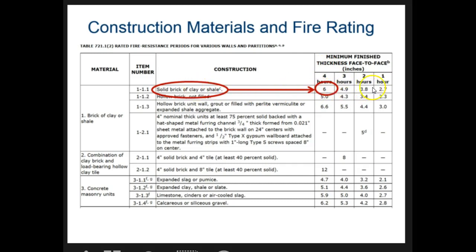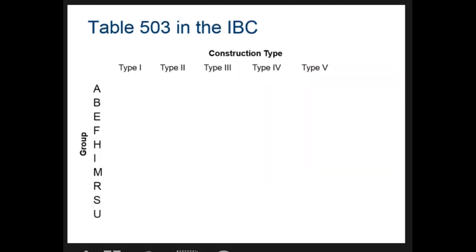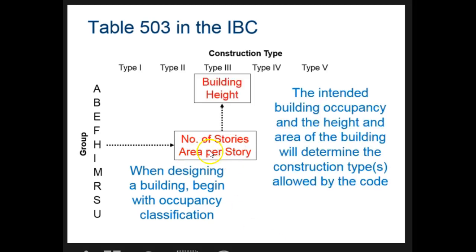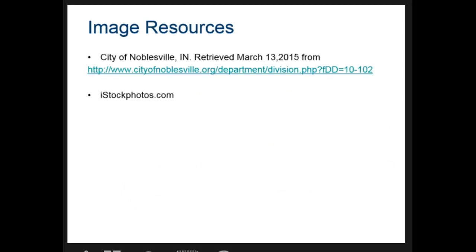If I only needed to withstand 1 hour of a fire, I'd only need 2.7 inches of the material. Based on what kind of construction it is, will tell us what kind of fire we need to be able to withstand. When we're designing a building, we look at the number of stories and the area of each story, and then we also look at the building height, and that's going to tell us what kind of construction we need to use. That's it.